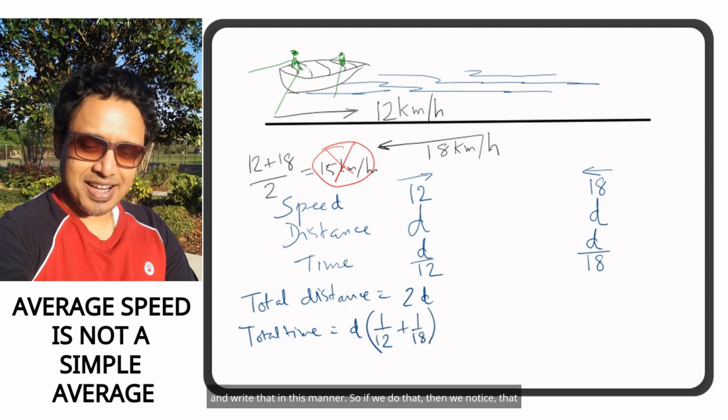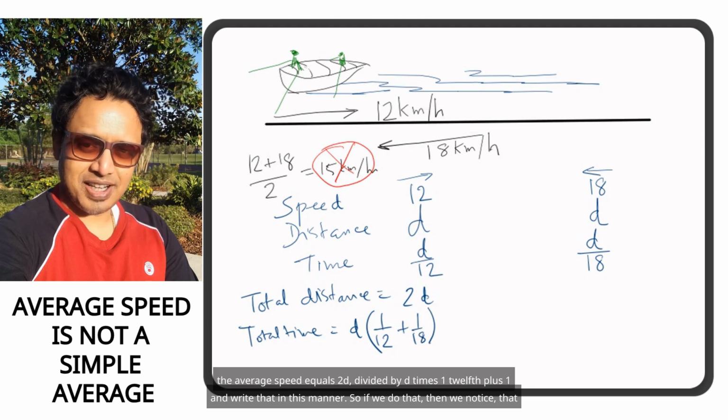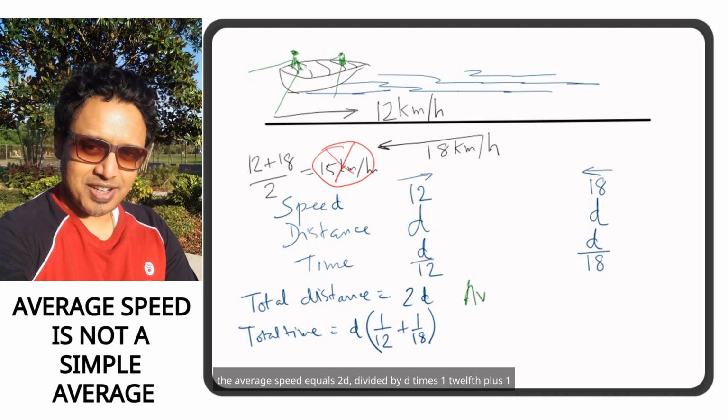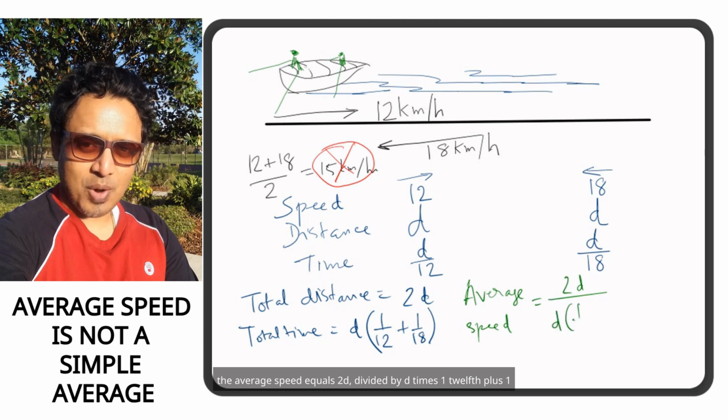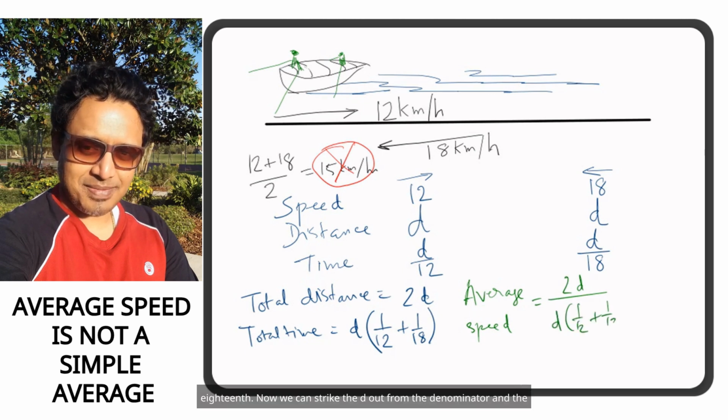So if we do that, then we notice that the average speed equals 2d divided by d times 1/12 plus 1/18.